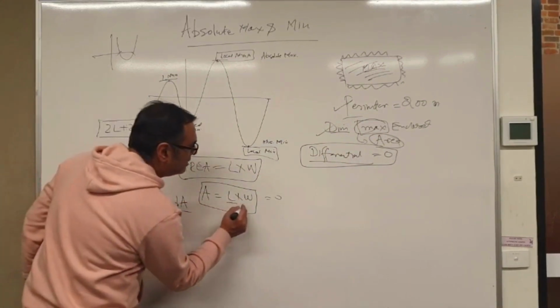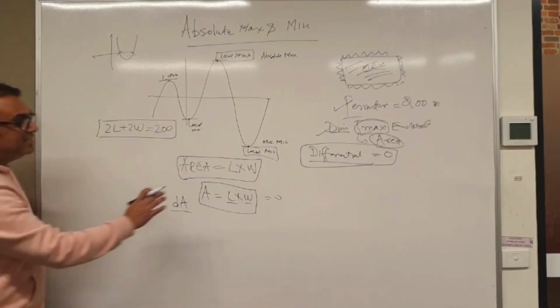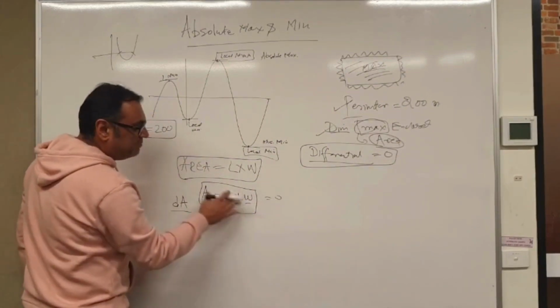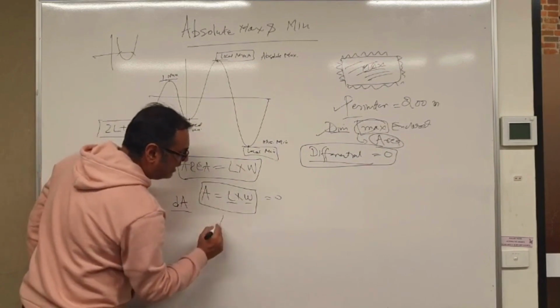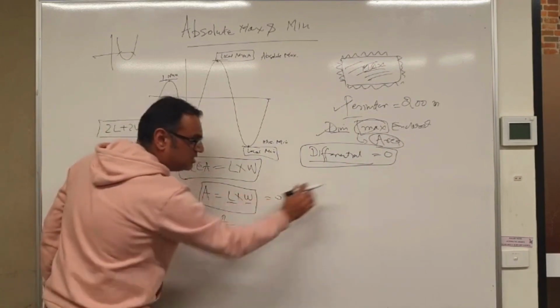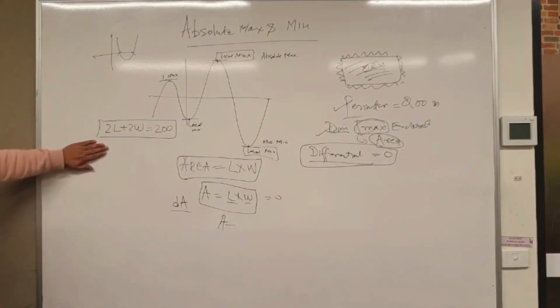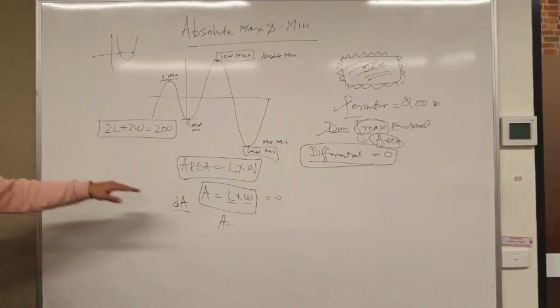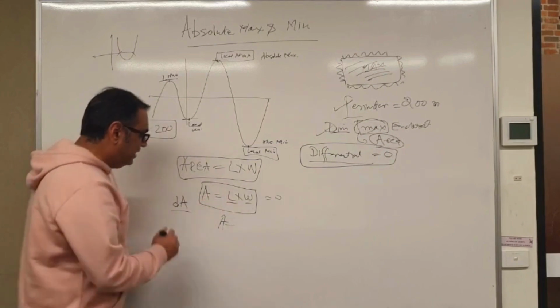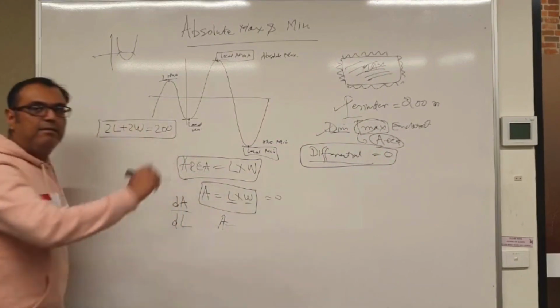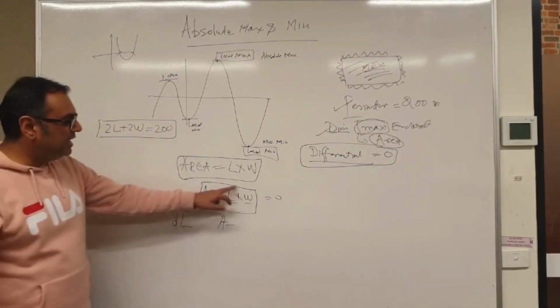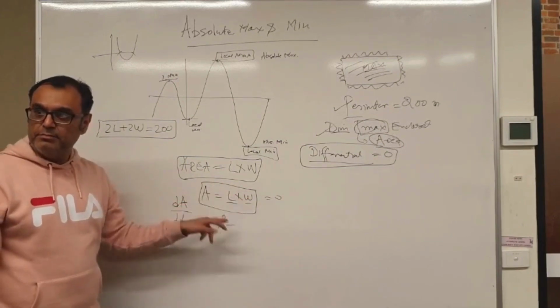So length and width. Let's do something so that we have area with either lengths or widths, and that is where this comes into the picture. Let's say I decide area, I need to find this dA by dL. That means everything has to be in L's here.